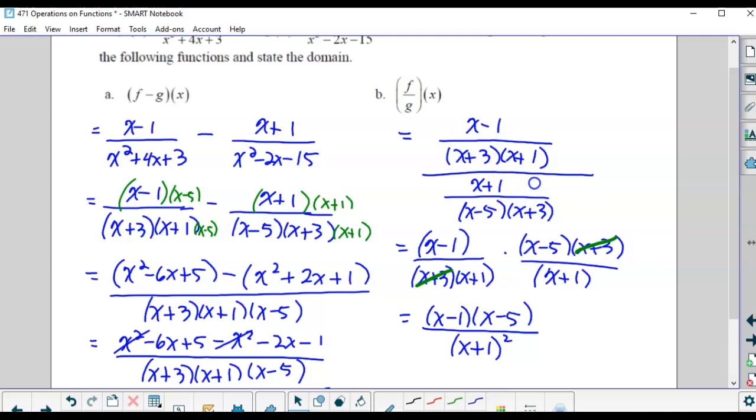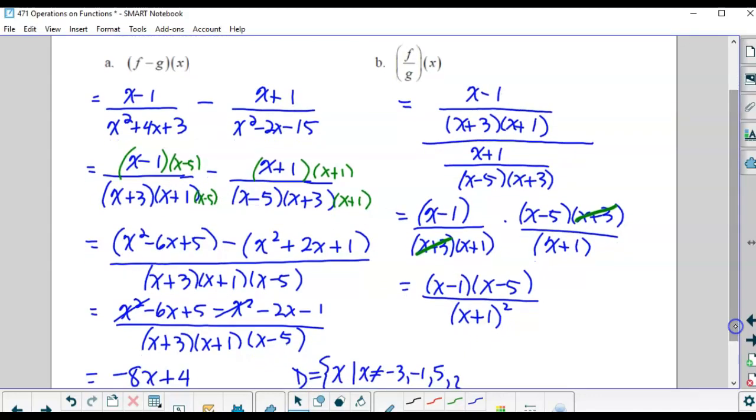So, a couple things to remember here for domain. Obviously, in both of them, we have negative 3, negative 1, and 5. Also, though, we need to look at what makes the denominator equal to 0. So, that's the x plus 1 in the numerator.